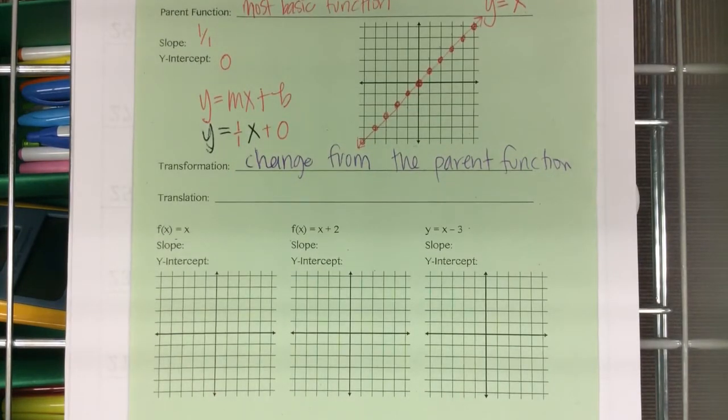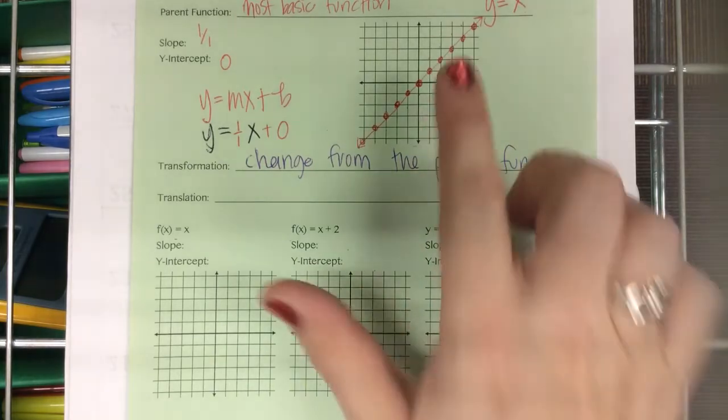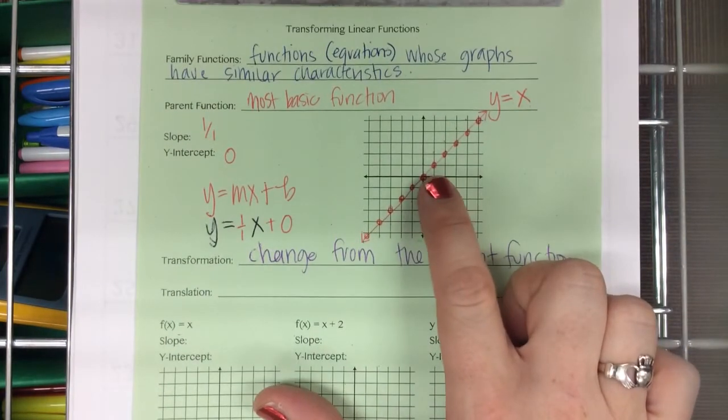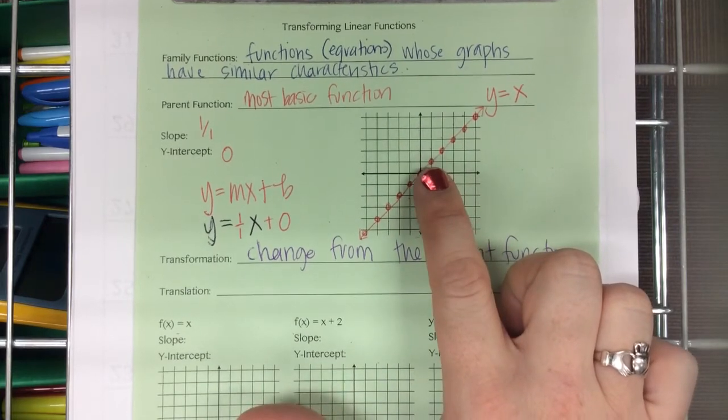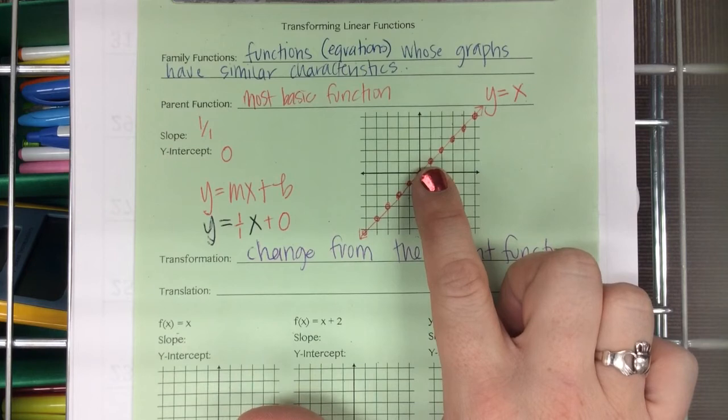They can be one thing and then something happens and you change them to another thing. A transformation is changing from the parent function. So this is what we always need to think of in our brain: the parent function. This is the original beginning of functioning.